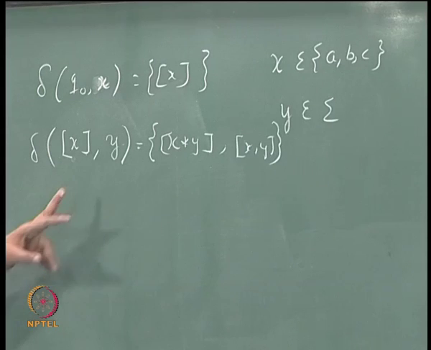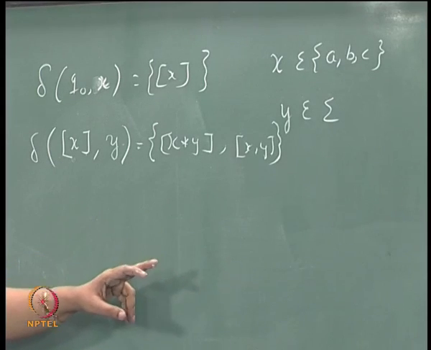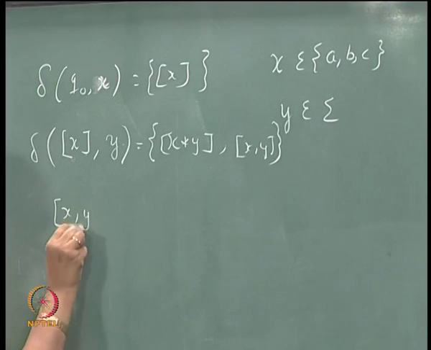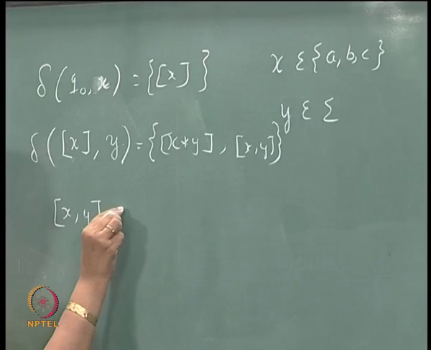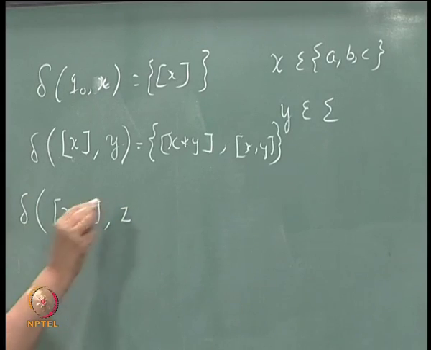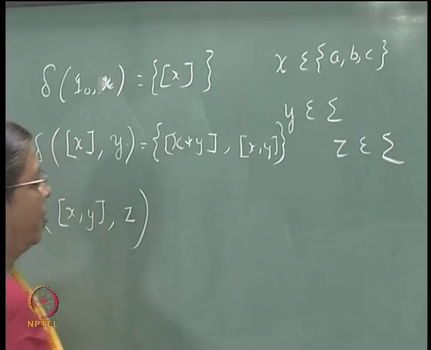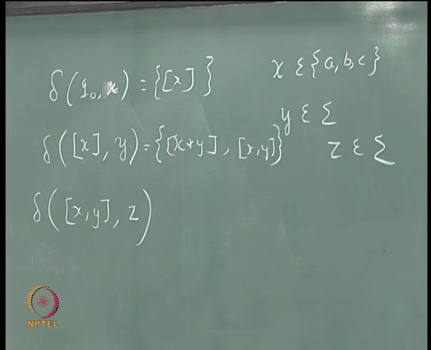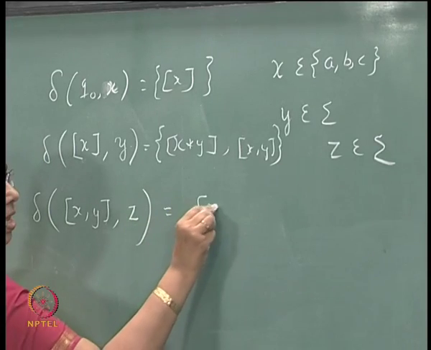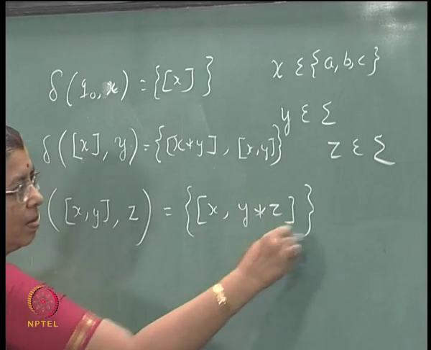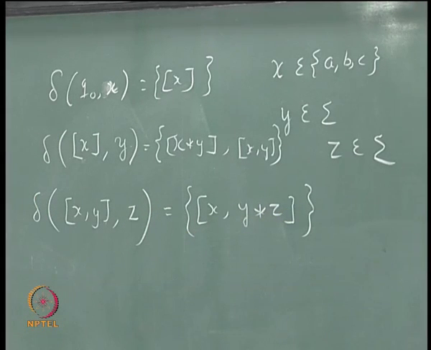This is a single state, this is a pair, right. Now, if you have a pair x y and z comes, because z also belongs to sigma, what will this be? This will be x comma y star z. This is how the delta mapping is defined.